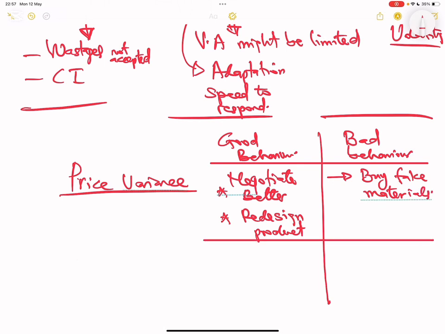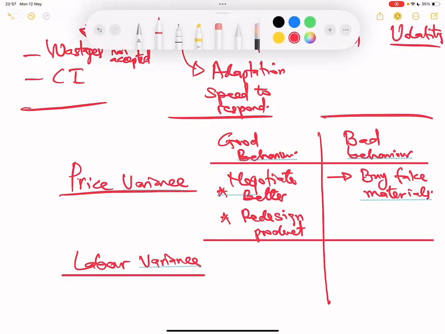And likewise, if we are talking about labor variance, in trying to achieve favorable labor variance, they can actually also behave in a very responsible way, which is trying to see how they can improve their process, so they can go for improvement in efficiency. That is good. That's what you want to see.